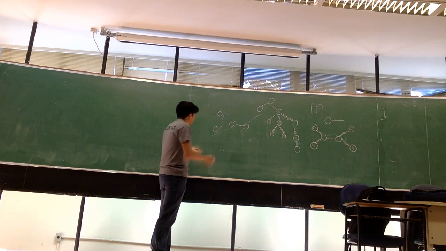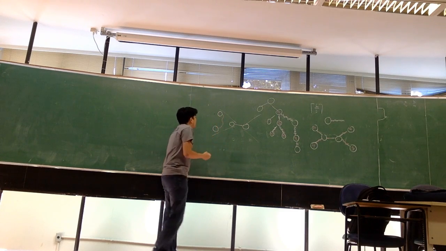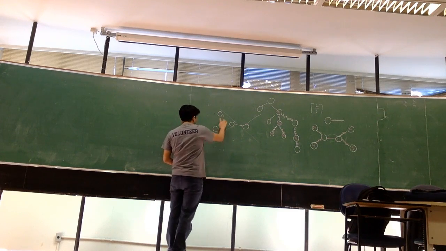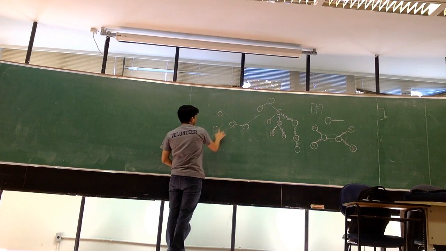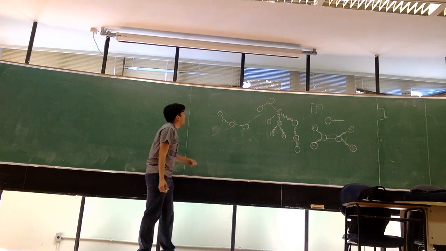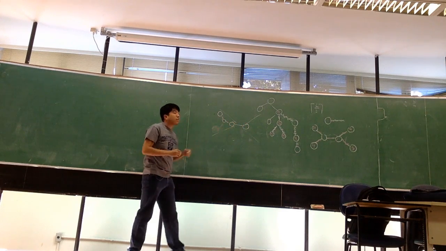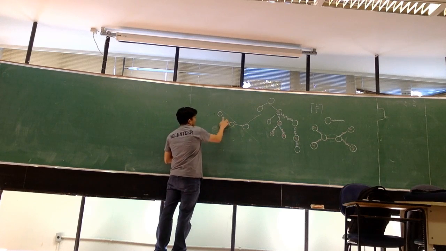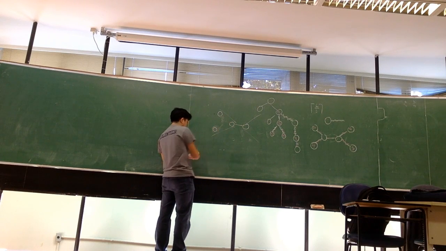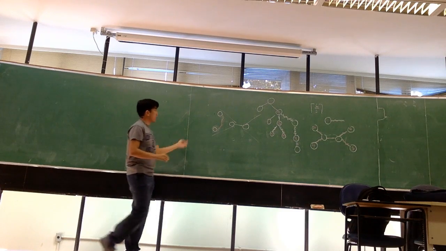Oh, it could be the case that there's only one leaf here. But that only happens if this forms a path, and it's pretty trivial to fix this: you just make the path go through the edge. In the other case, this must happen. Same goes for the other side.